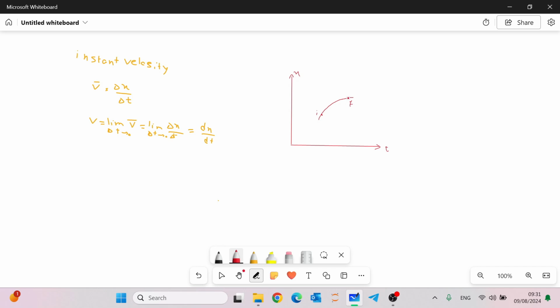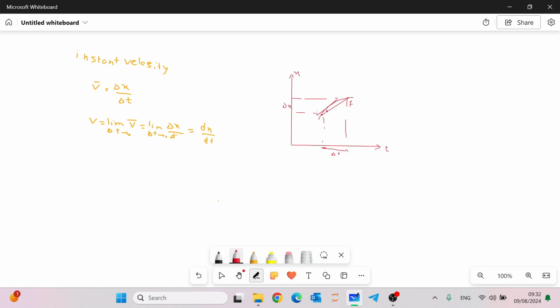So if I draw a line between these 2 points, the slope of this line would be my average velocity in this time interval, which is this delta t. But if I reduce the time interval, for example, to this point, then the line would be a tangent line like this.